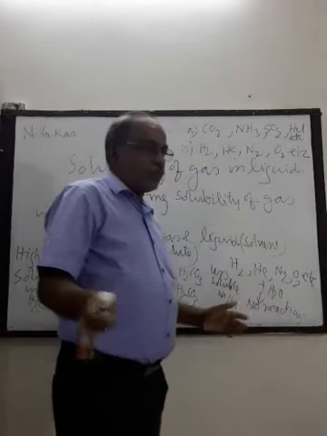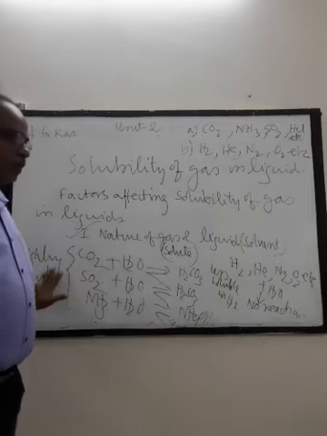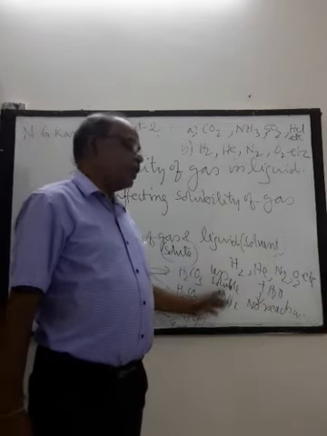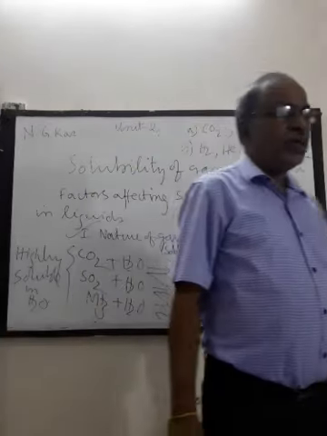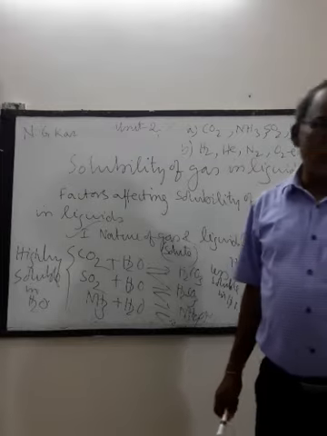So these are two types of gases: chemical combination takes place, highly soluble in water; no chemical combination with the solvent or water, less soluble in water. So solubility depends on the nature of gas and also the nature of liquid.